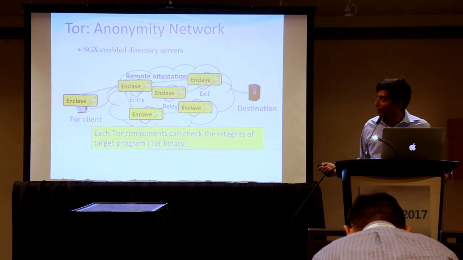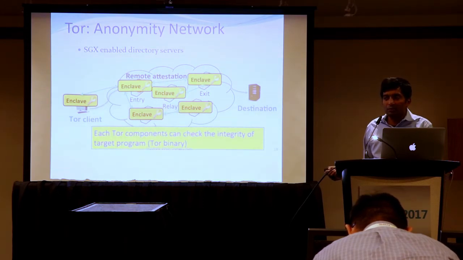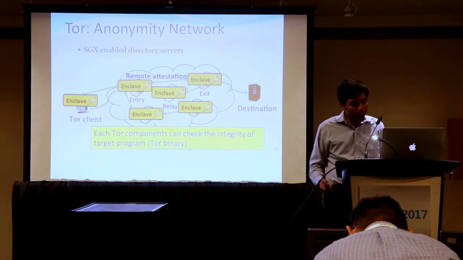So for that, they again use enclaves or the SGX architecture. Basically you can think about those entry points as nodes, and those machines will use SGX, and within the SGX they create enclaves, and those enclaves will use remote attestation. They will establish the secure channel, and then they will start to communicate.